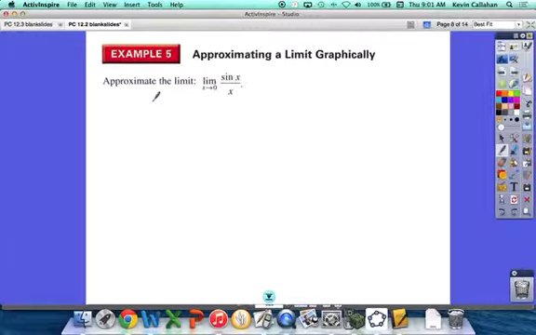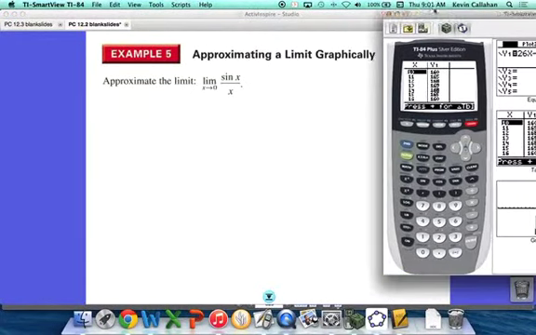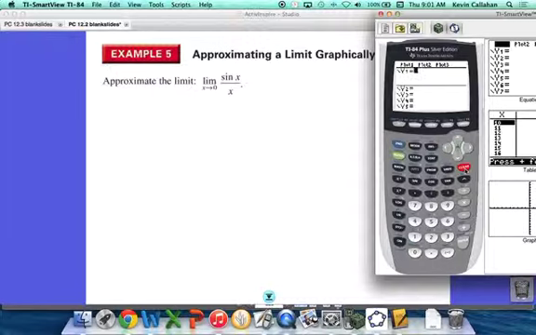So then we look and see, well, what does it look like on the calculator? And so let me go over here. Clear. Y equals, clear. Sin x divided by x.